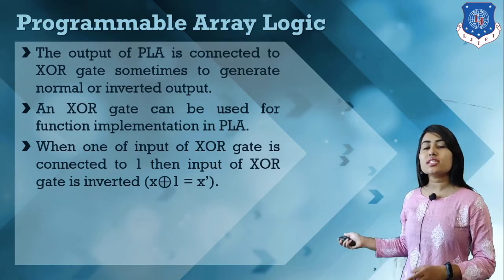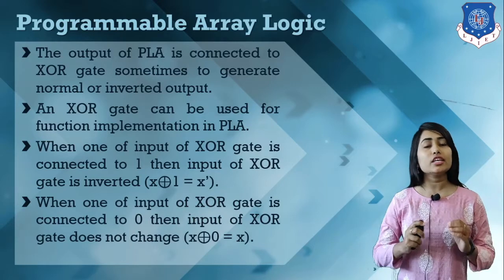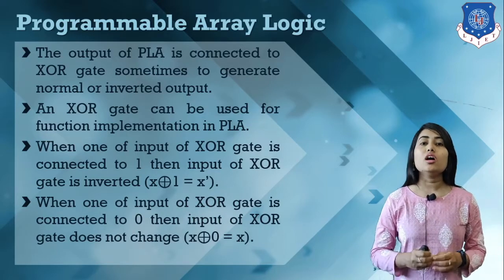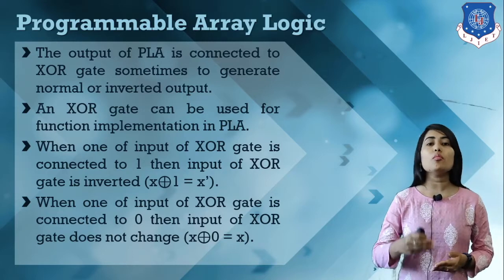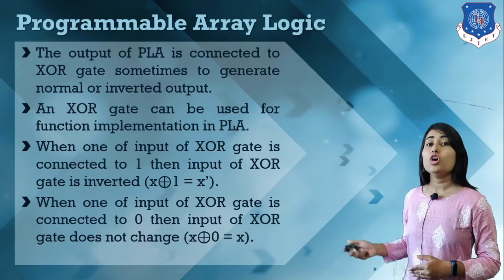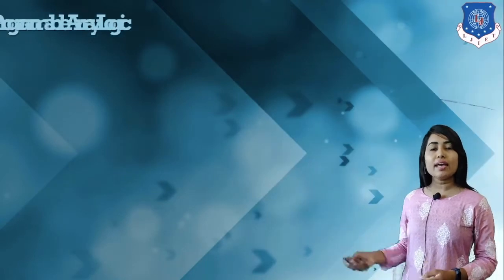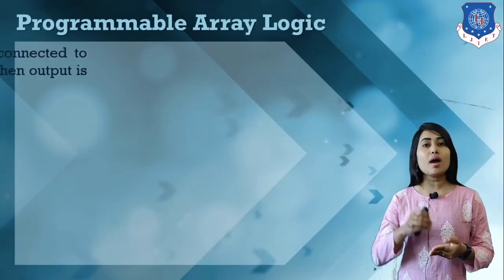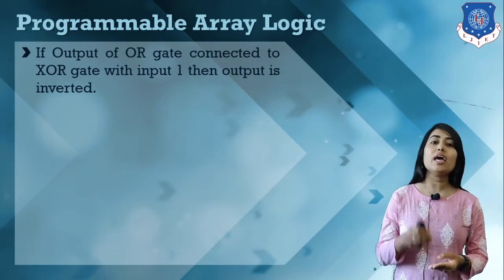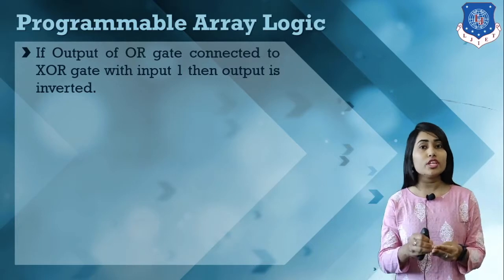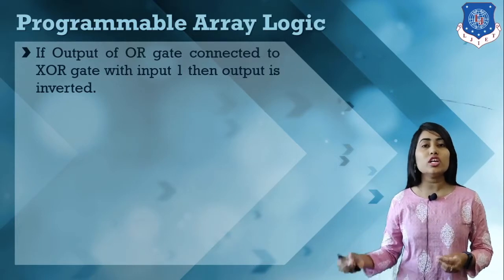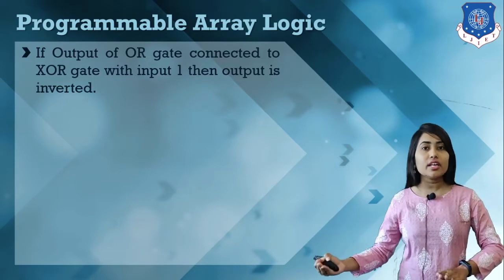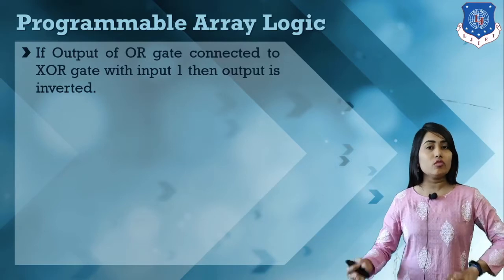So this XOR gate is basically used to generate a term or logical function either in a complemented form or in a normal form. Whenever we apply the normal form output with the other input as 1, we have an inverted output.